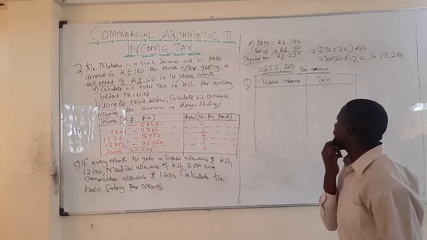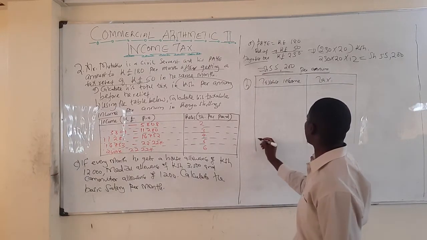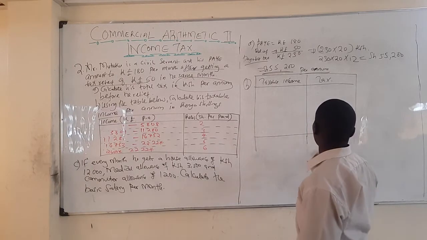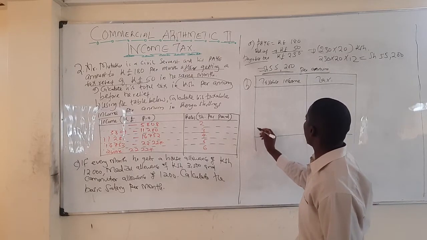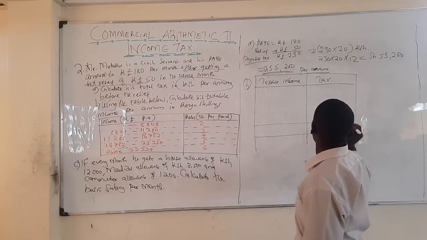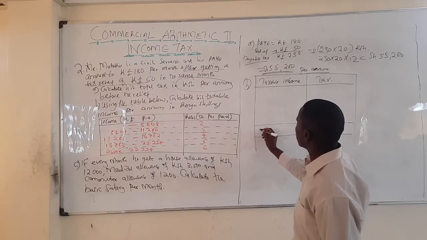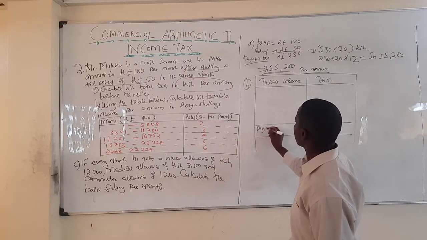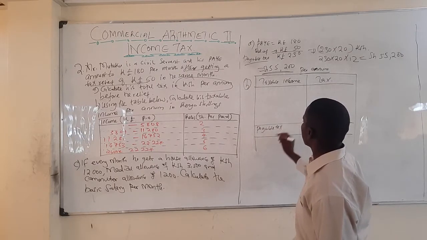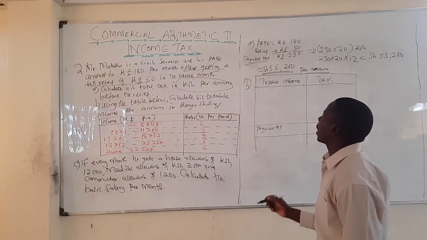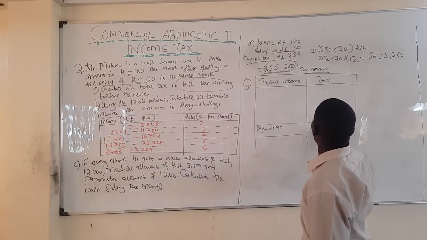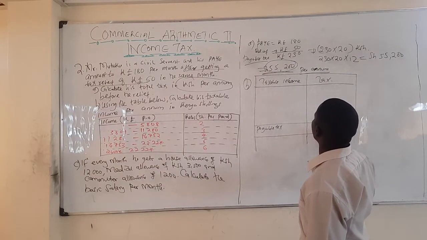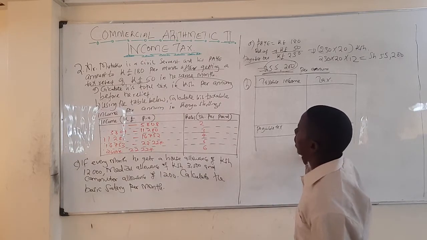Then we are going to start from this down part here, where you have the gross tax, the payable tax. Payable tax, in our case, we have already gotten as 55,200. So that is the payable tax that we have there.